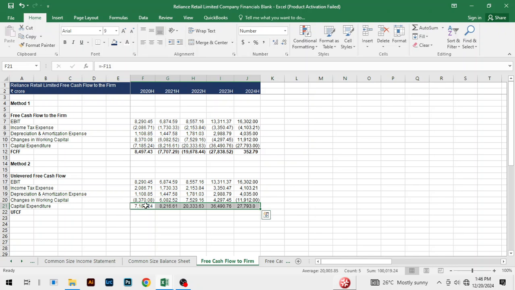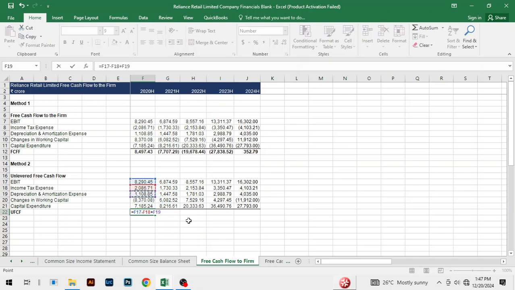Perfect. So here we are now applying the formula, because the formula says EBIT minus income tax plus depreciation minus changes in working capital minus capital expenditure. So here we subtract income tax, we add depreciation, we subtract changes in working capital, we subtract capital expenditure.